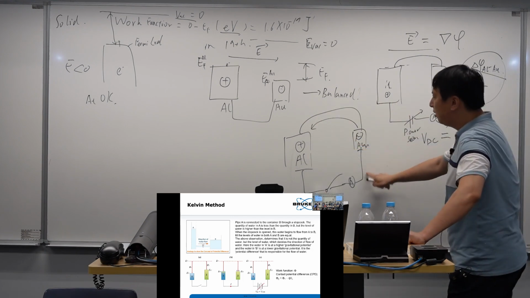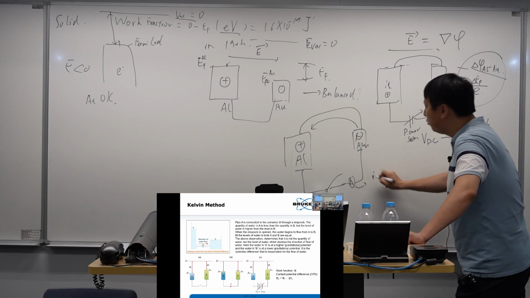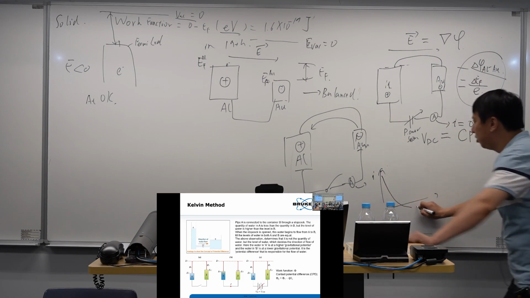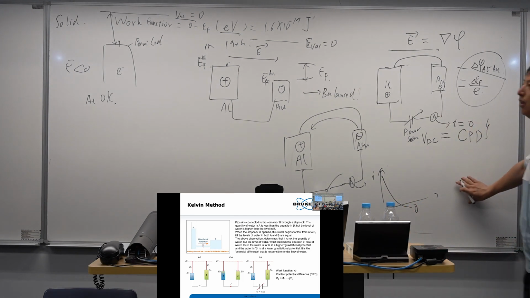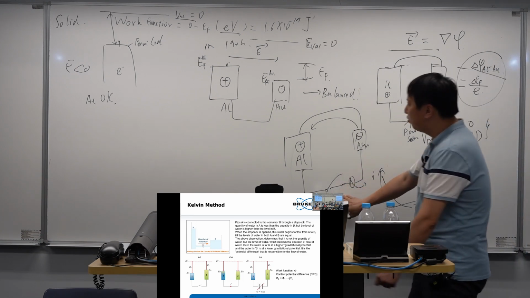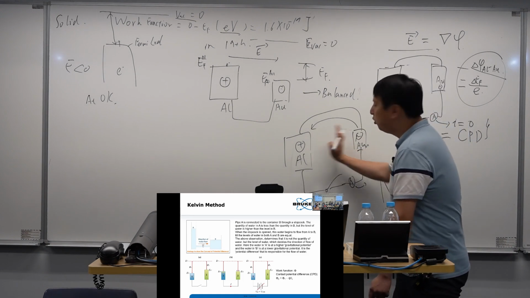Once the electrons go that way, the ampere meter will read its current go from high to 0 quite quickly in the experiment setup. So if we do it this way, we are actually changing the voltage between these two.